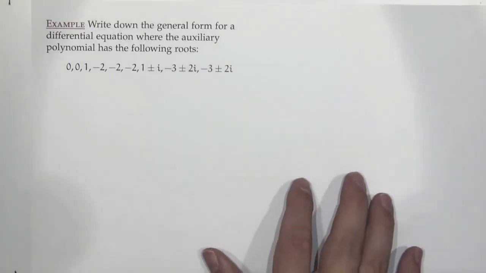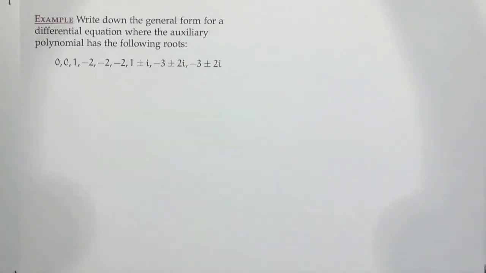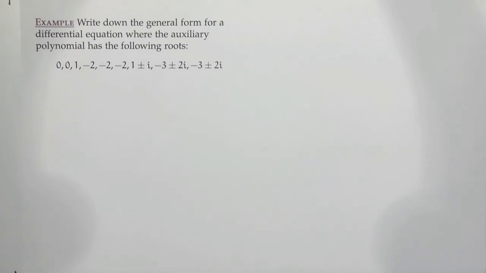Here we go. There's a differential equation where the auxiliary polynomial has the following roots. They didn't tell us what the differential equation is. They just said we found the auxiliary polynomial and we found the roots. Now it's asking us to write down the general form for a solution. In other words, what does a typical solution look like?